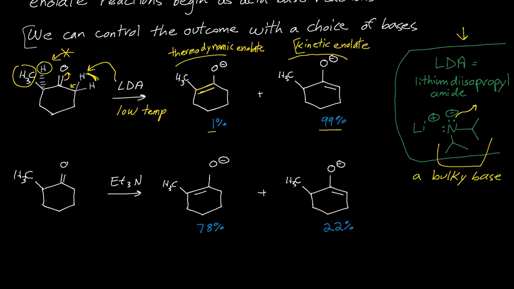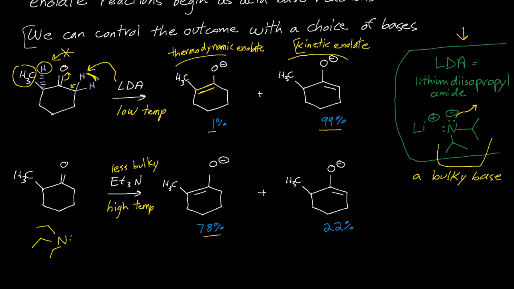With the less bulky base, much less bulky in fact, so triethylamine, what does that look like? Like that. Significantly less bulky actually. And at high temperature, we get predominantly the thermodynamic enolate.